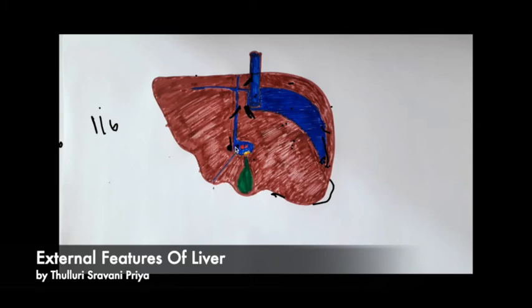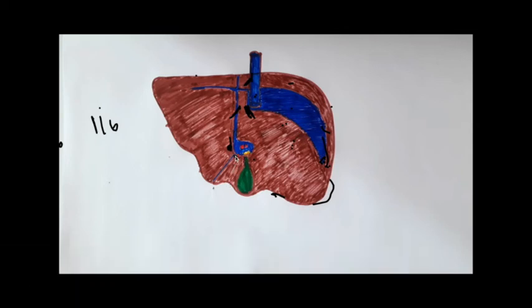Posteriorly it is bounded by the porta hepatis, on the right side by the fossa of the gallbladder, and on the left side by the ligamentum teres. So this is the quadrate lobe, seen on the inferior surface.